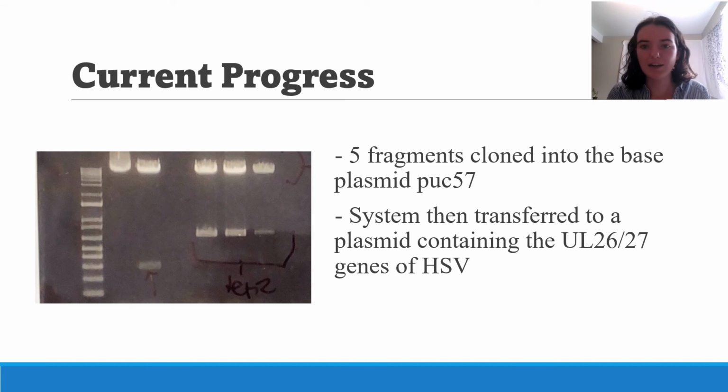Then once the entire system was inserted, it was transferred to a plasmid containing the UL26, 27 genes of HSV, or herpes simplex virus. The photo on the left is one of the gel electrophoresis images where the plasmid was being verified to have the proper insert and being prepared for the next step in cloning.